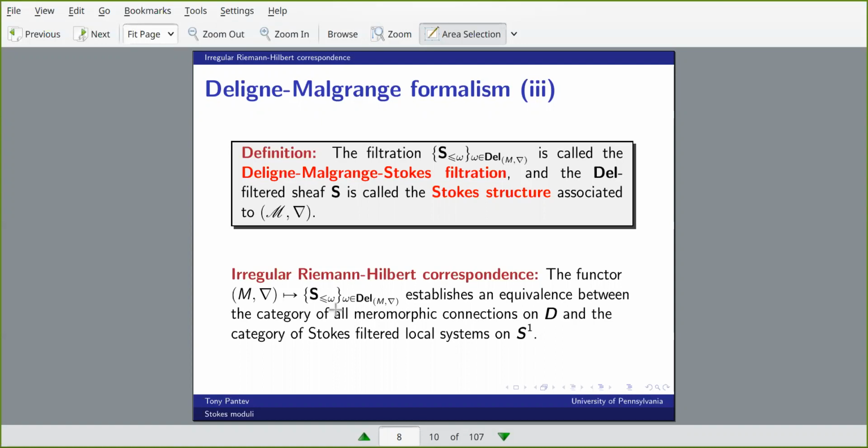So in particular, the Deligne filtered sheaves form a tensor category, yeah? Say it again? So in particular, the Deligne filtered sheaves form a tensor category.